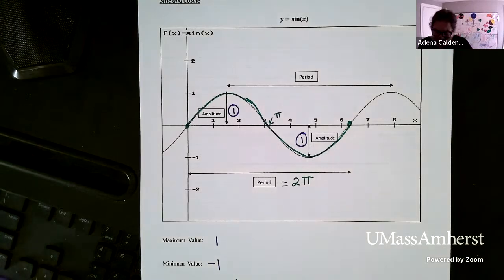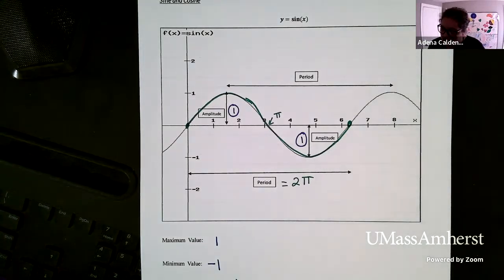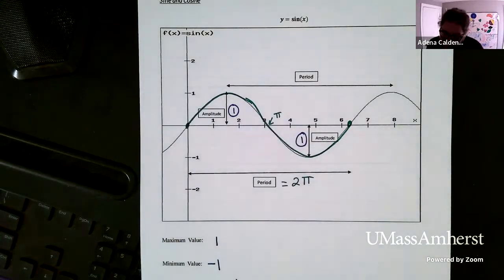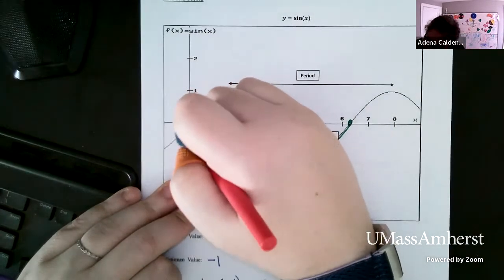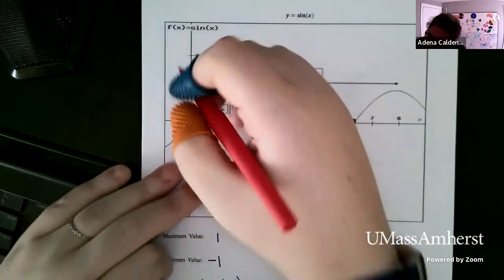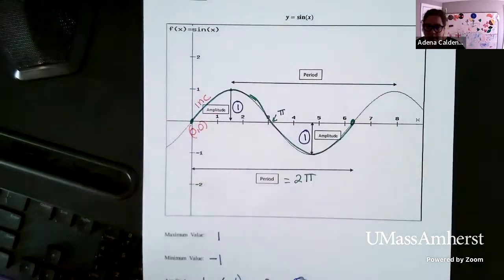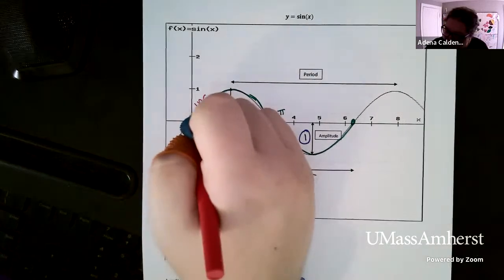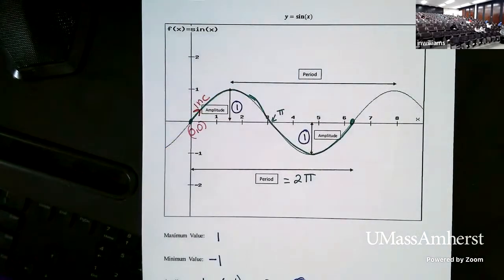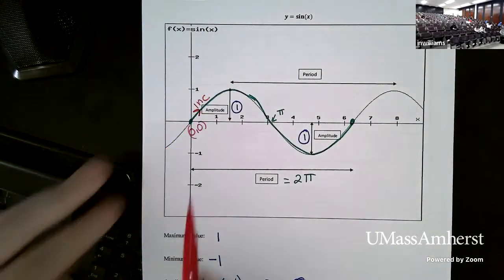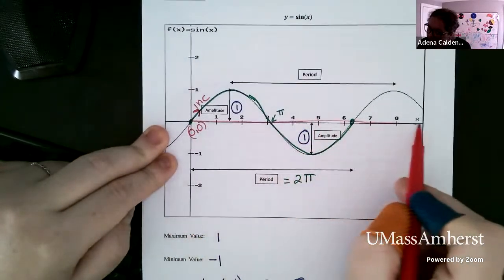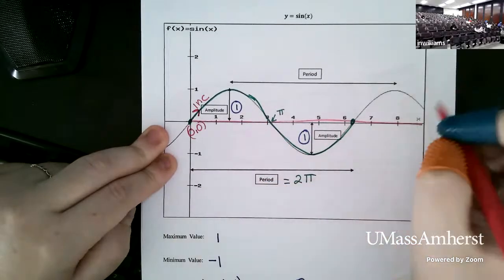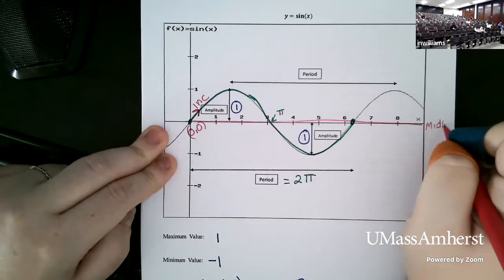Now, I also want to point out that for a sort of general sine function, we are at 0, 0, and we are increasing to start, right? So sine goes up when we start, and sine starts at the midline. Okay, so this is the midline, it's right at the axis.